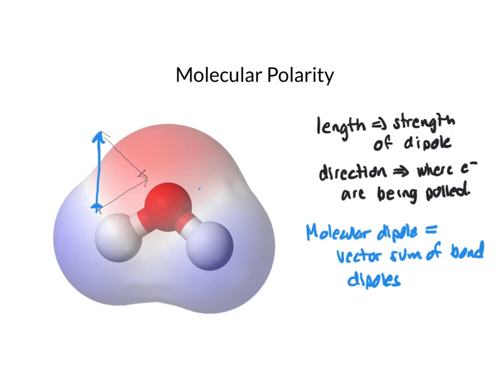So I can just move this molecular dipole over here, and I can see that that is the dipole moment for the molecule. When a molecule has an overall dipole moment, a molecular dipole, then we say that the molecule is polar.